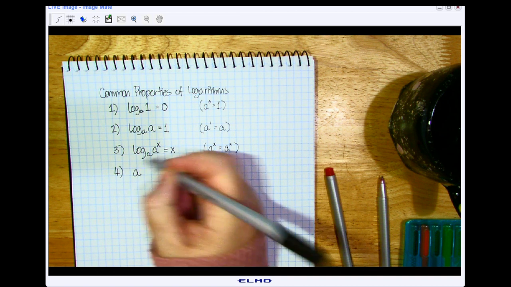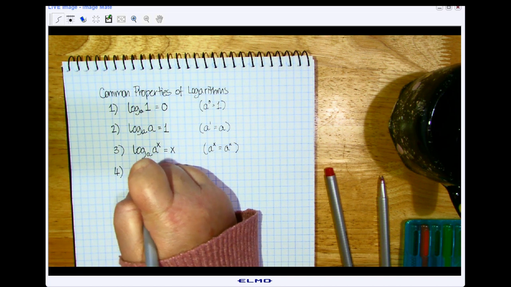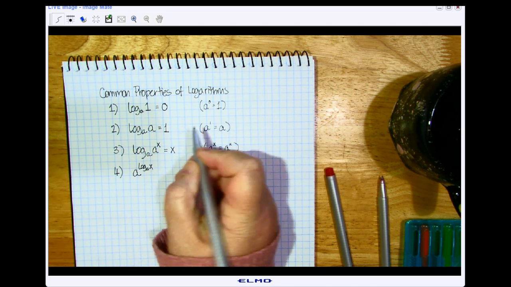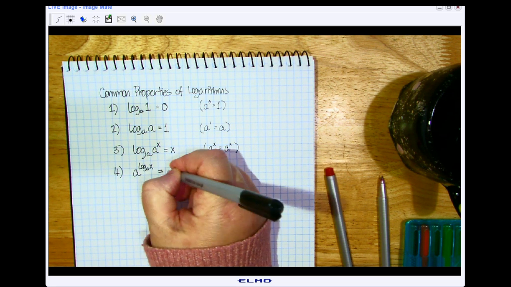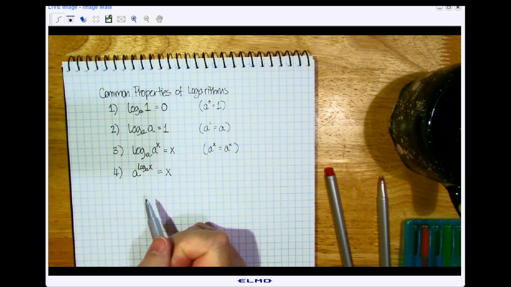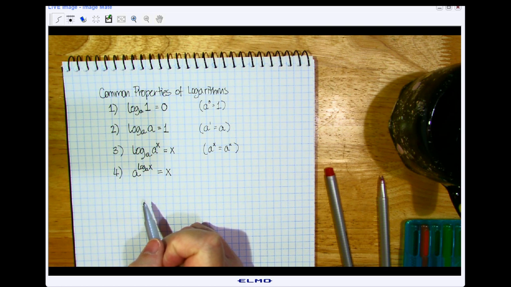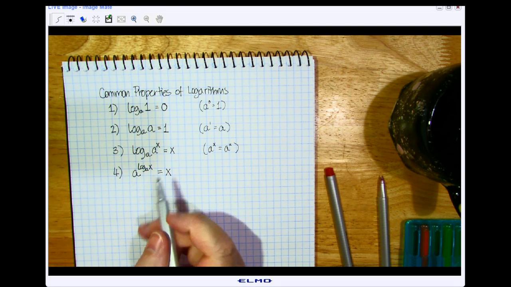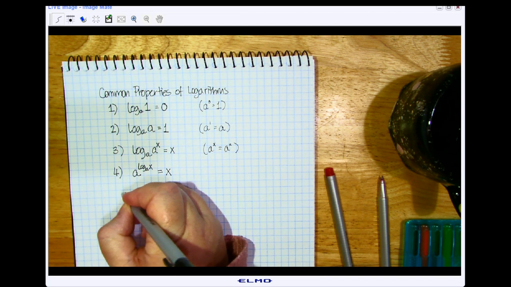And my favorite, if you have A and you've raised it to the log base A of x power, this is going to give you x. This is an inverse function property.